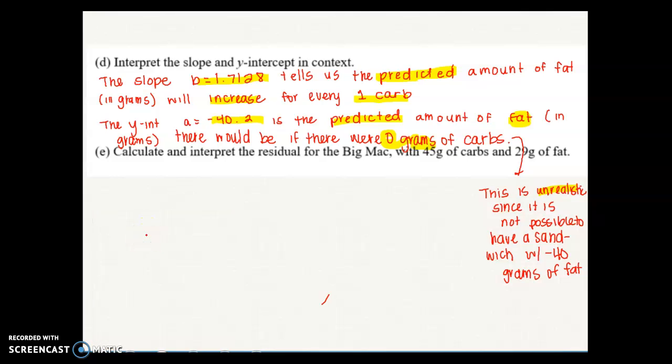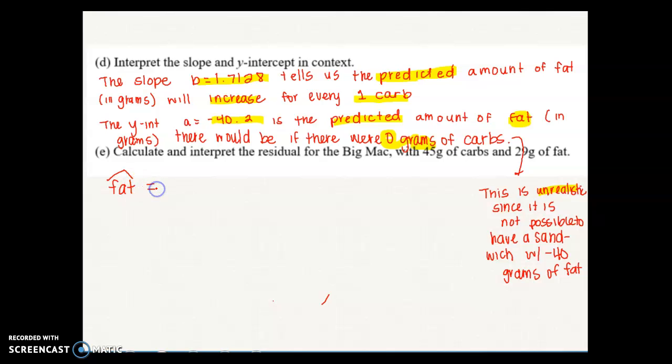Okay, now we're going to calculate and interpret a residual for the Big Mac, which has 45 grams of carbs and 29 grams of fat. So in order to find the residual, you need to find the predicted amount. So we use our equation that our calculator told us.